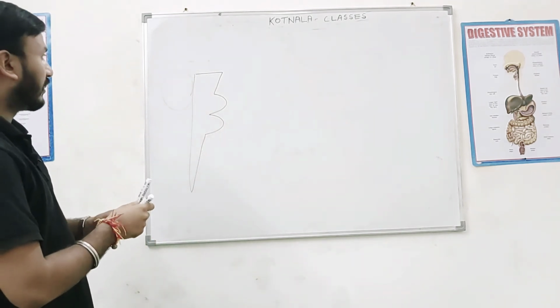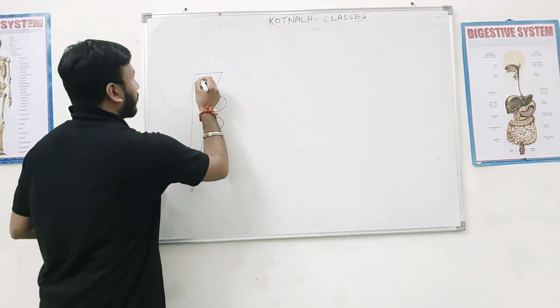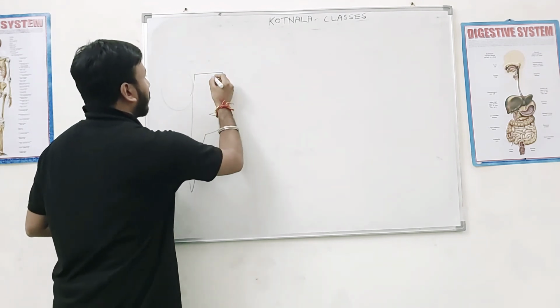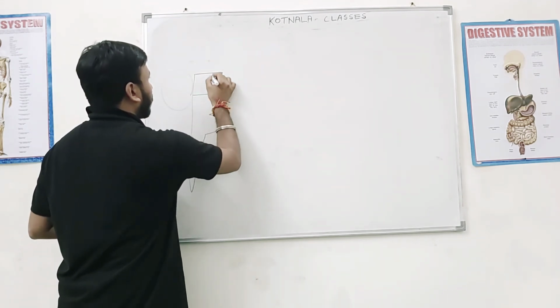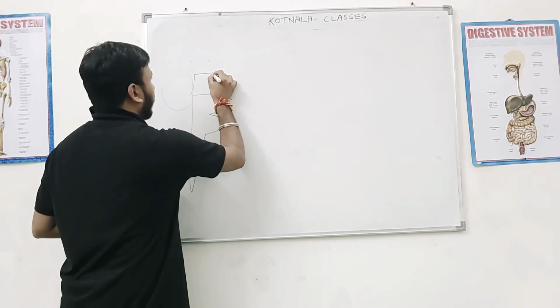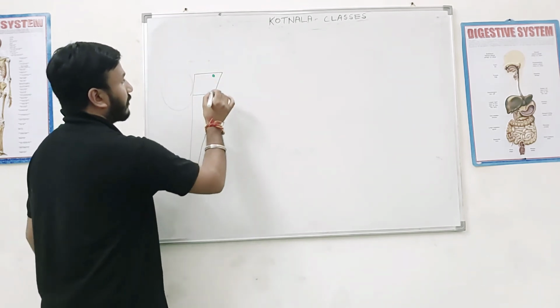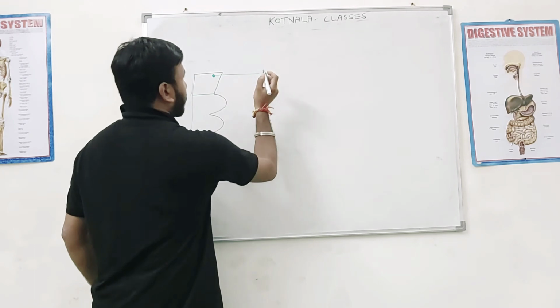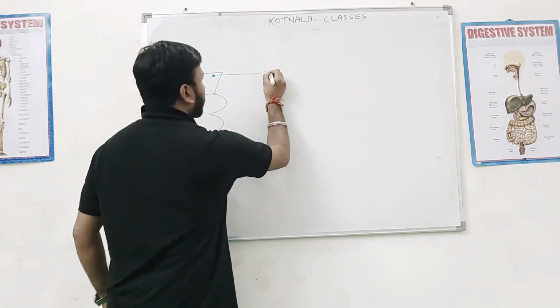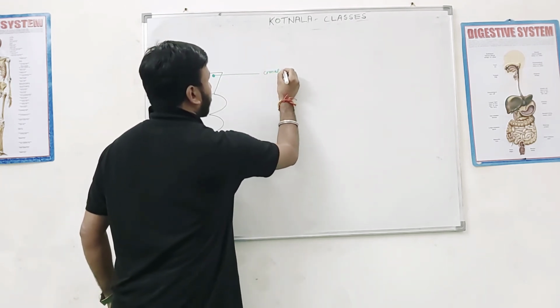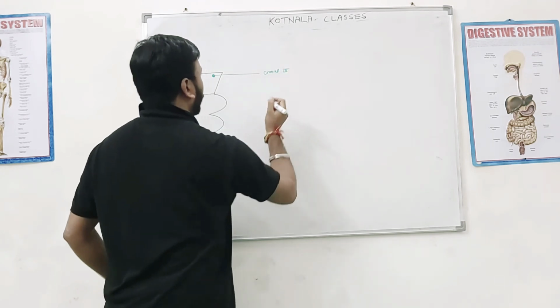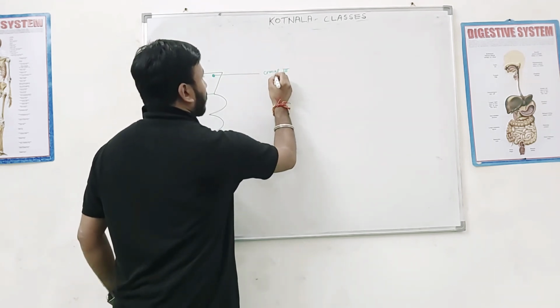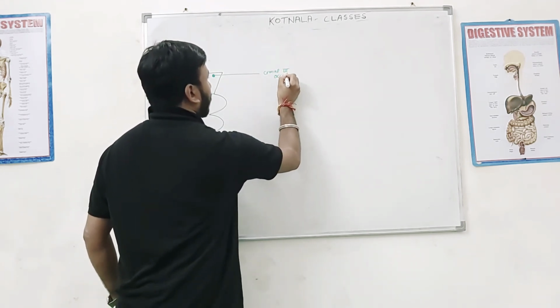Cranial nerve number 3 is coming from the midbrain. That is the oculomotor nerve.